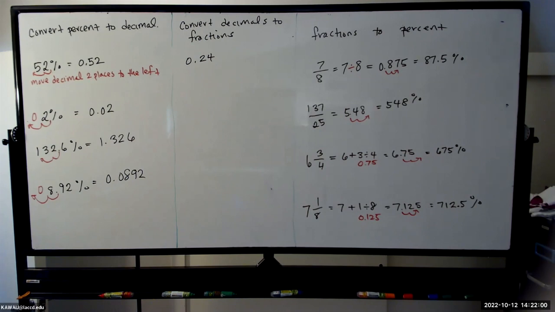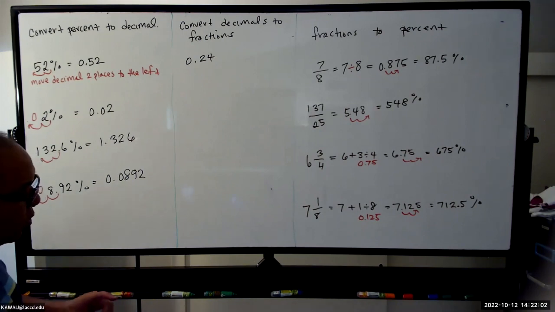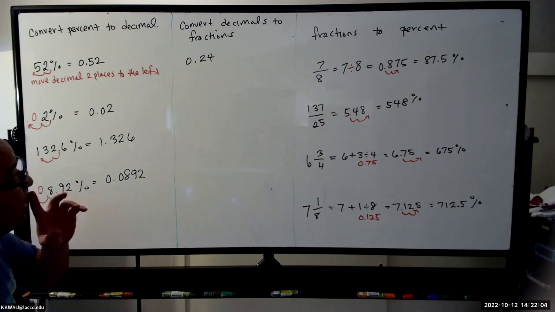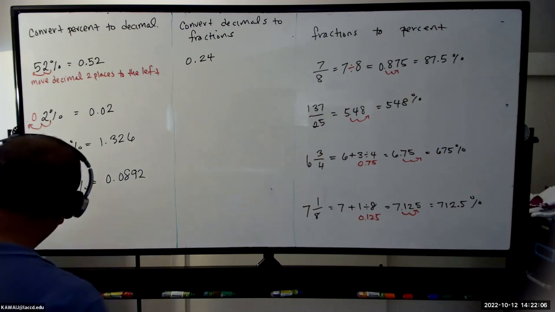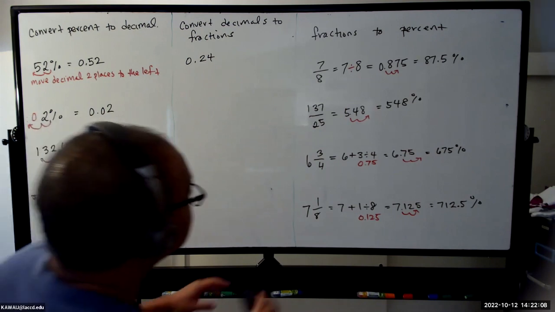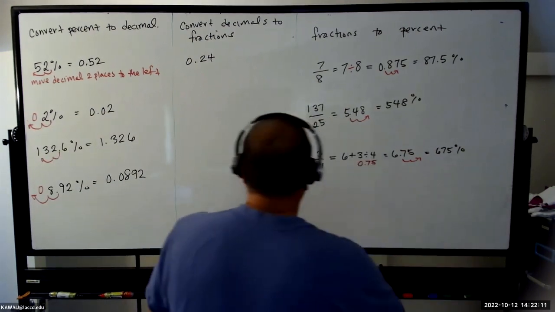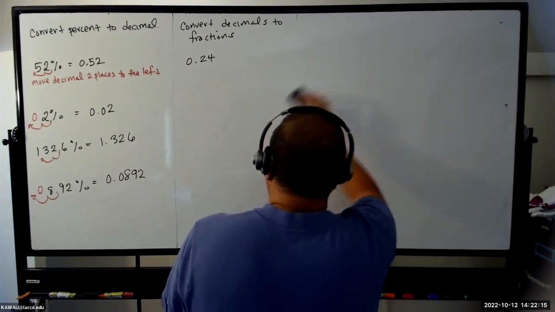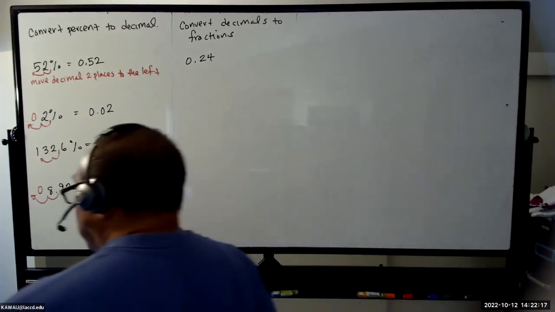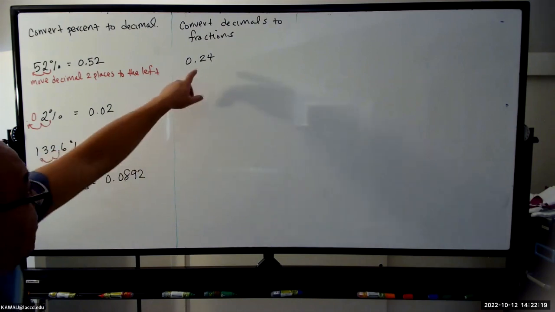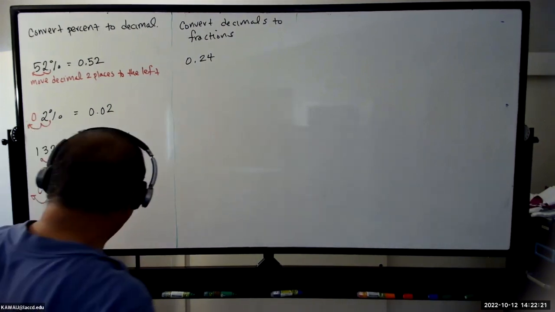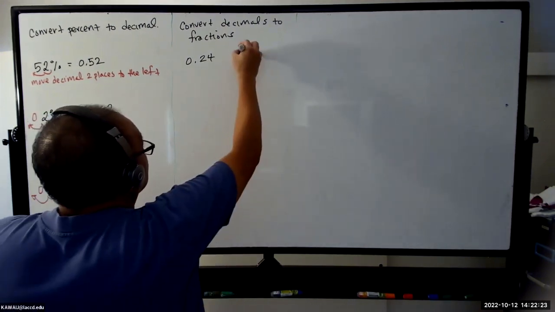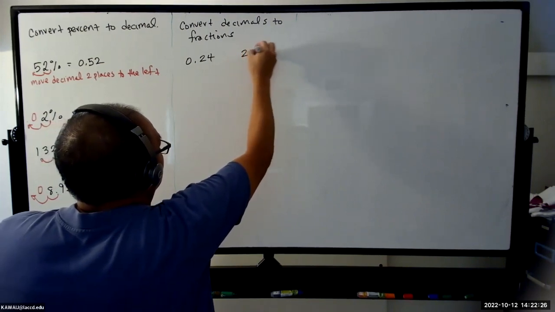Now you have to remember how... even before we say that, if we were to say this number in words, we would say that this number is 24 hundredths.